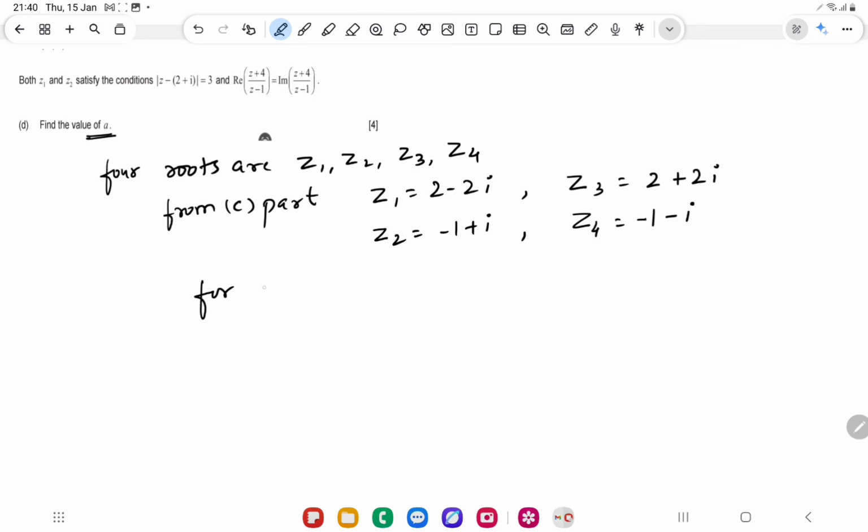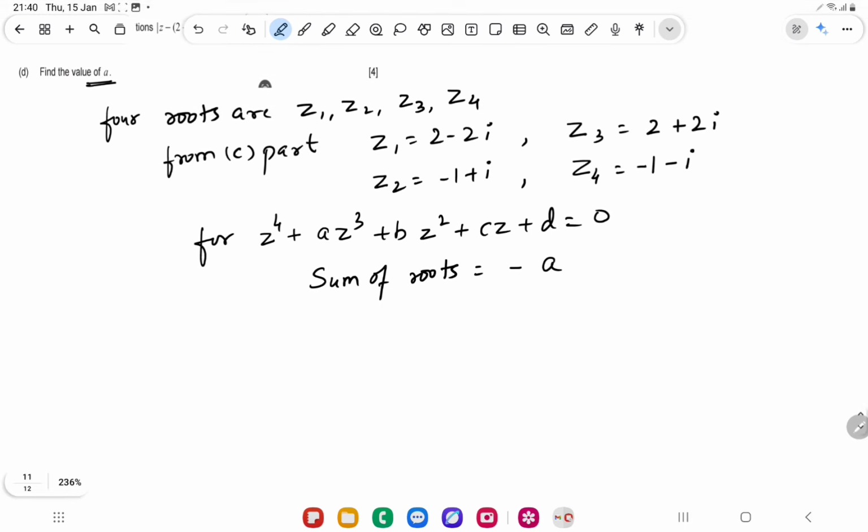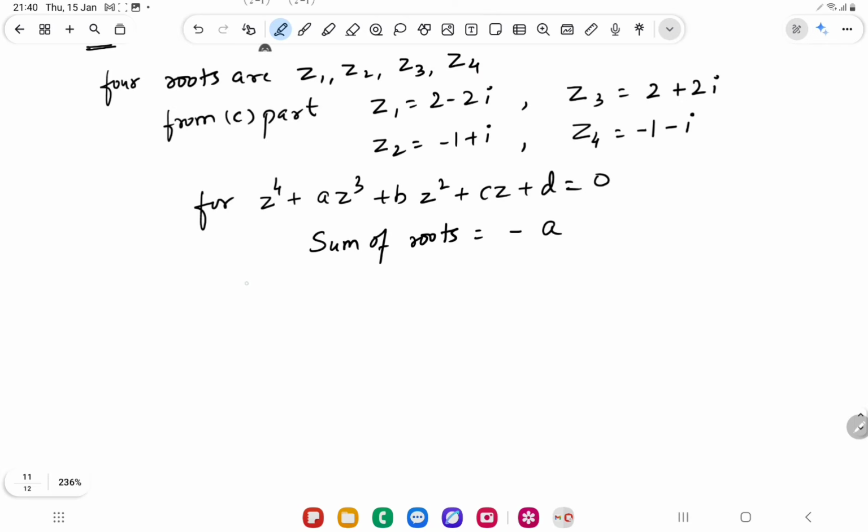Now for the given equation, z to the power 4 plus az cube plus bz square plus cz plus d equals 0. From the formula booklet, we can write the sum of roots as minus a. Now the sum of the roots means I have to add all 4.